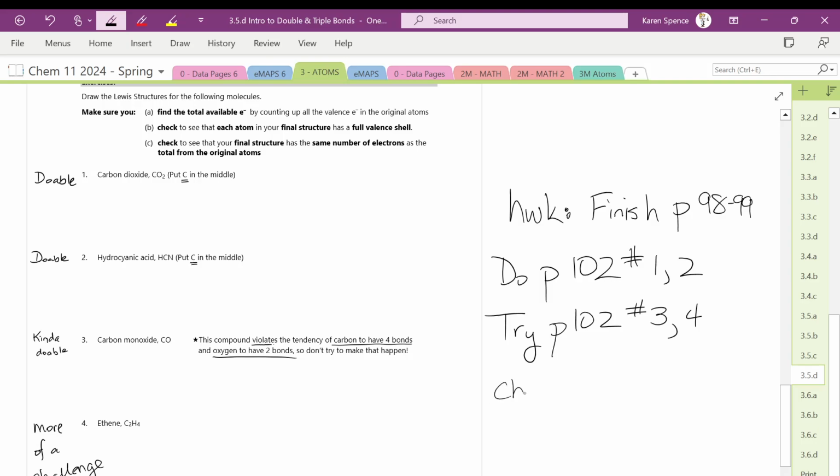And if you want to challenge yourself, you can try page 102, number 5. But don't beat yourself up if you can't do them, because there's a much better way of doing them that makes it much easier.